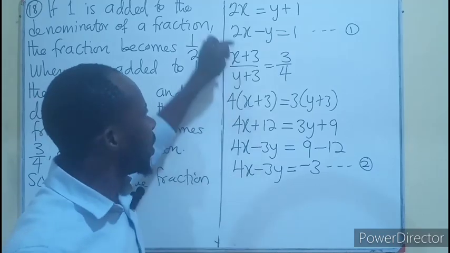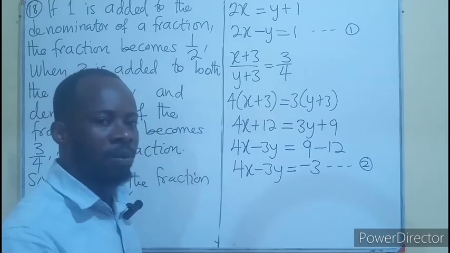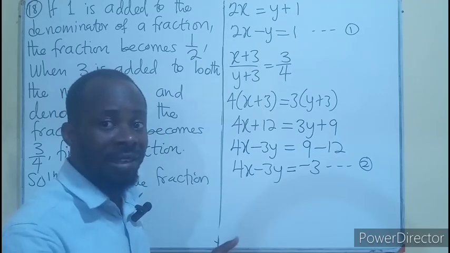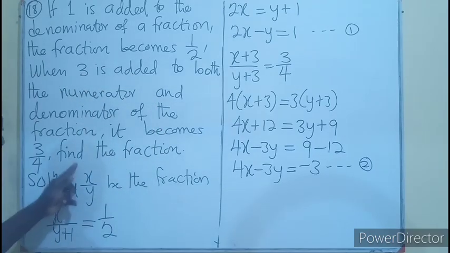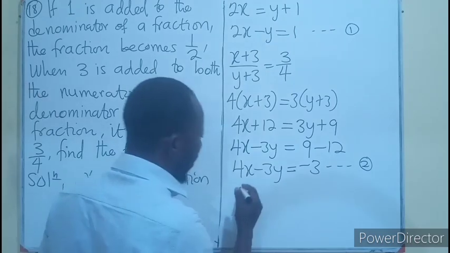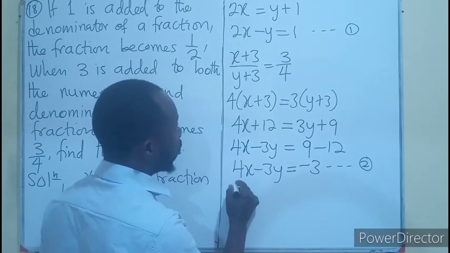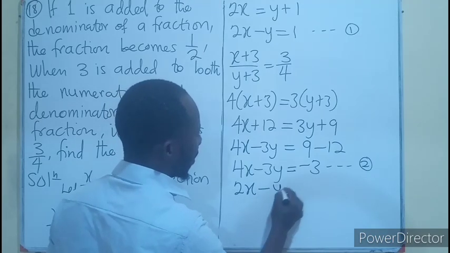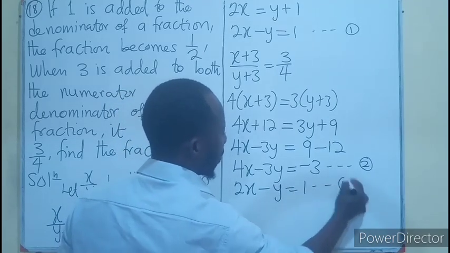So solving equation 1 and equation 2 simultaneously will give rise to the values of x and y, which will represent our fraction. Let me bring back equation 1, which is 2x minus y equals 1.